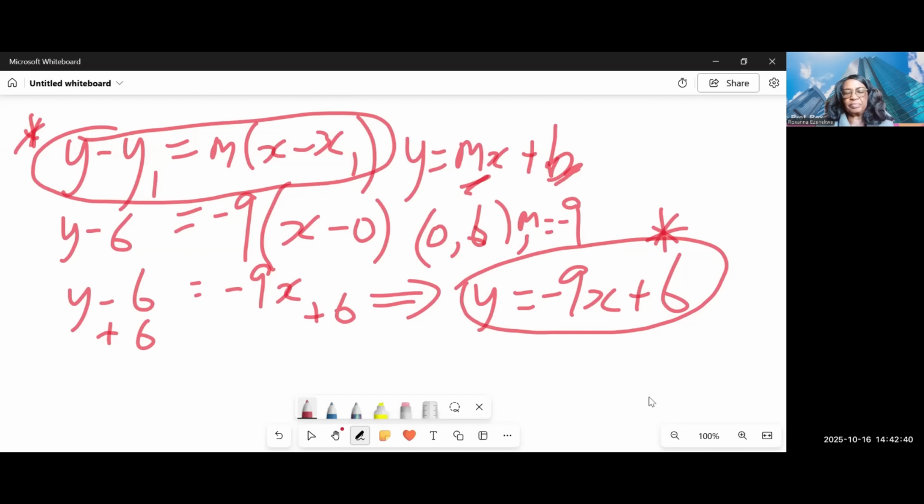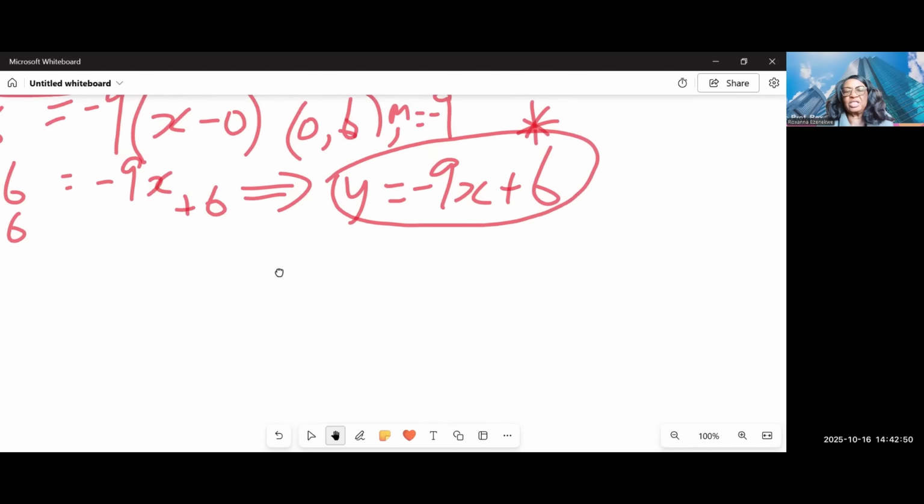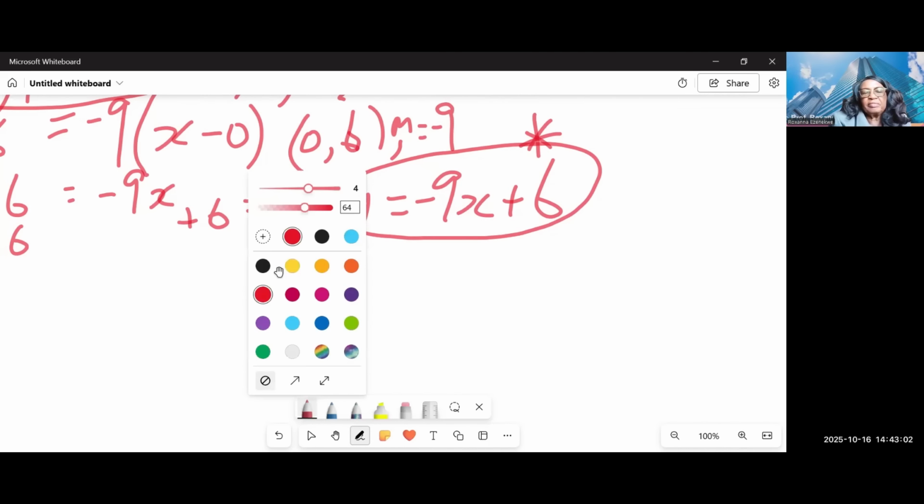So what I'm going to do is draw a t-graph, show the coordinate plane.